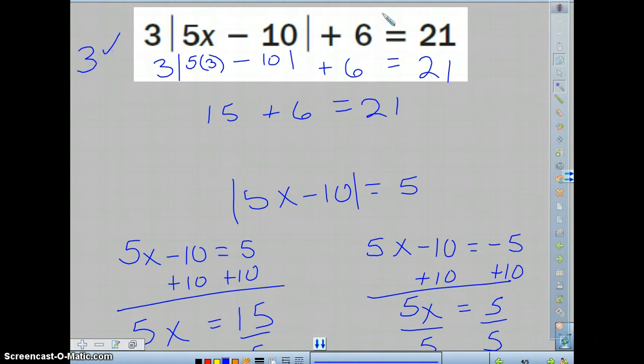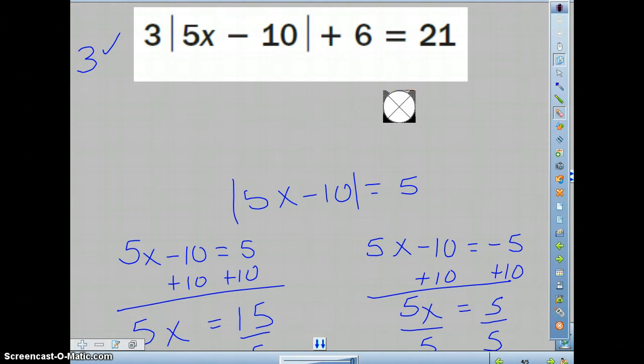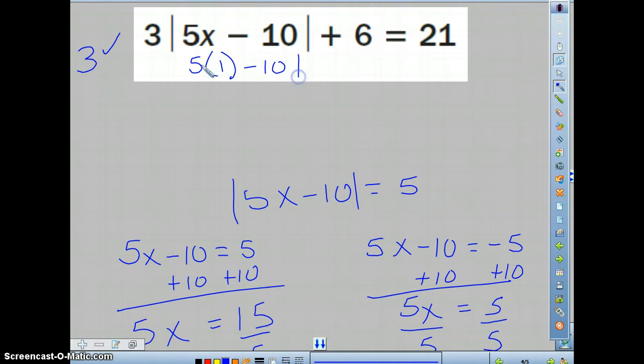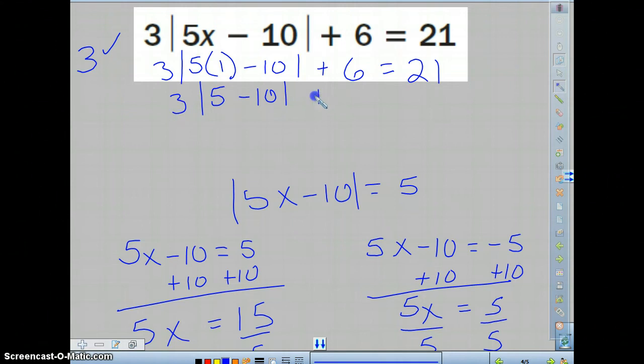We've got 3. Our other answer was a 1. And let's see what we've got there. 5 times 1 minus 10, times 3, add 6, and it should equal 21. So let's see. 5 times 1 is 5, minus 10. Y'all know me, I like to rewrite things.